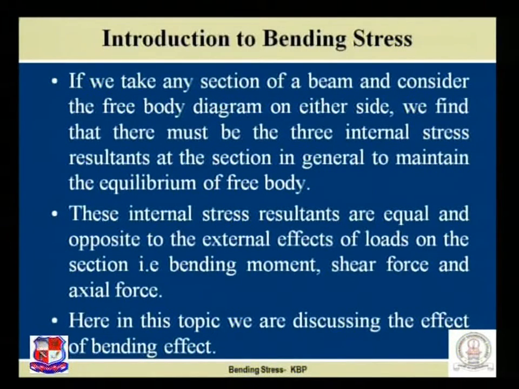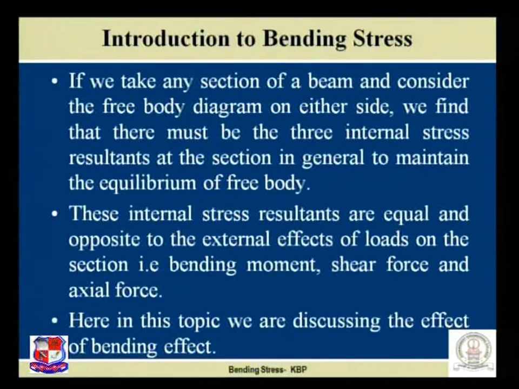If we take any section of a beam and consider the free body diagram on either side, maybe left or right, we find that there must be three internal stress resultants at the section in general to maintain the equilibrium of the free body diagram.